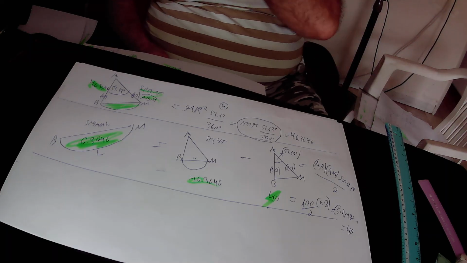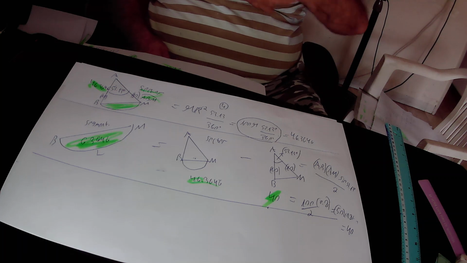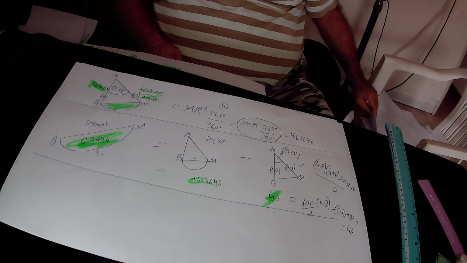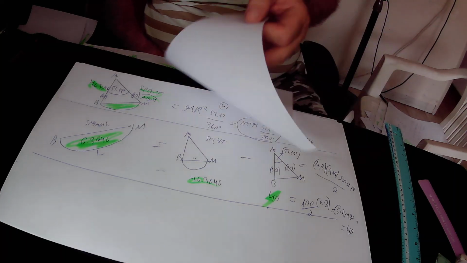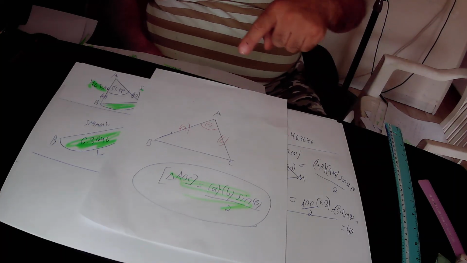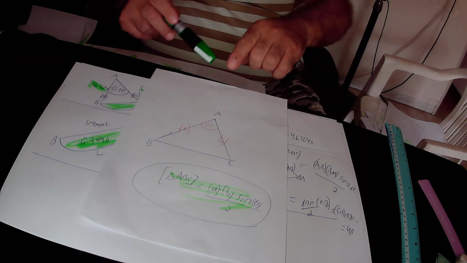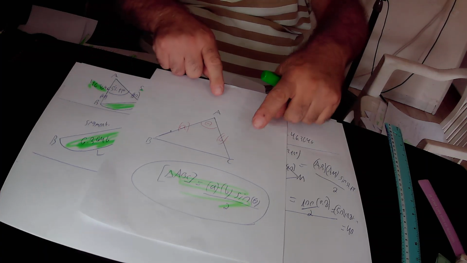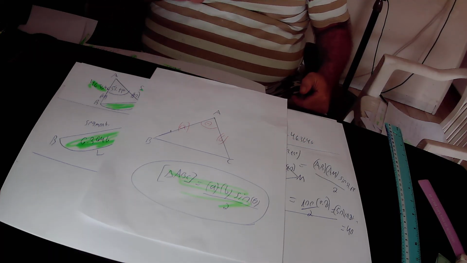In order to find out the area of this triangle AB, I presented to you a new formula that will help us find the area of any triangle. This is triangle ABC, which could be any triangle. Side AB equals a units, side AC equals b units, and the angle between side AB and side AC is theta.